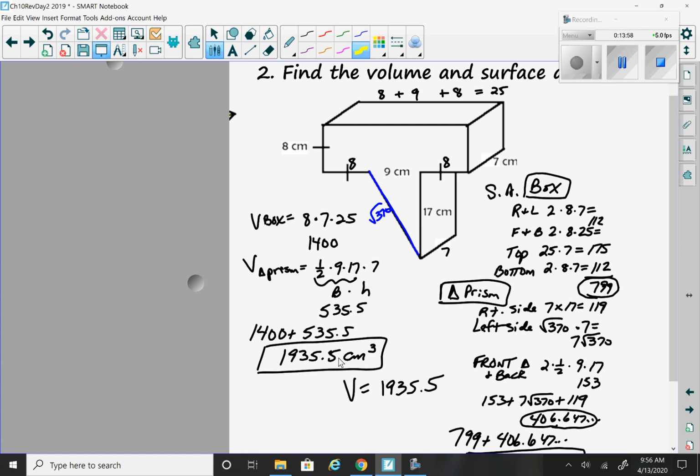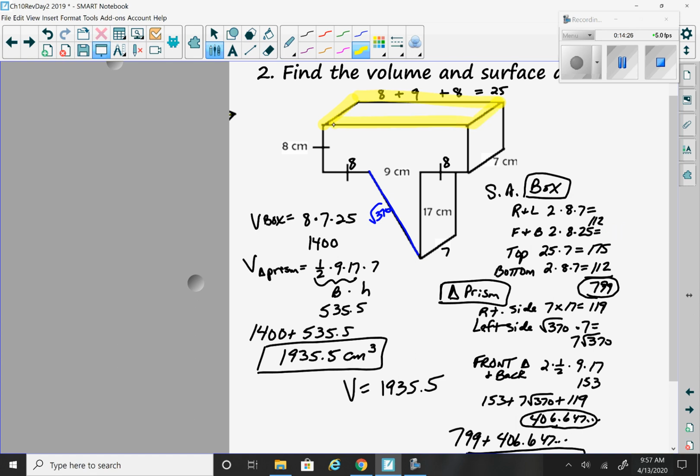For my box, I broke it down into the different pieces of the box. I've got the right side and the left side, right? 7 times 8, there's 2 of those, 112. I have the front, which is 8 by 25, and also the back, which is 8 by 25, so again, I have 2 of those. That gives me, I don't even see, I think I erased it. And then the top, I have 25 by 7.